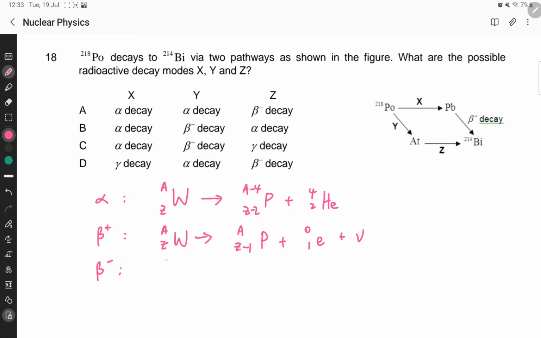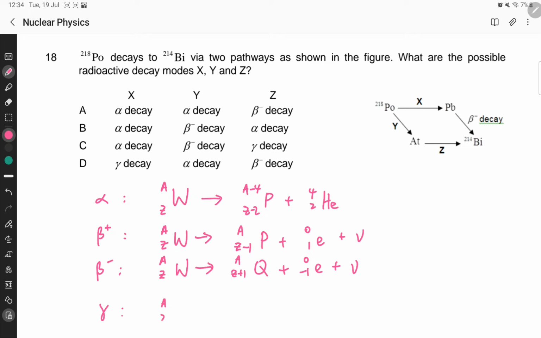Beta minus is similar, but is the opposite of beta plus. It is a neutron turned into a proton. Therefore the top number is still the same, but the bottom number has plus 1, and turns into Q. So here is 0, minus 1 e, plus a neutrino as well. Finally, gamma decay.